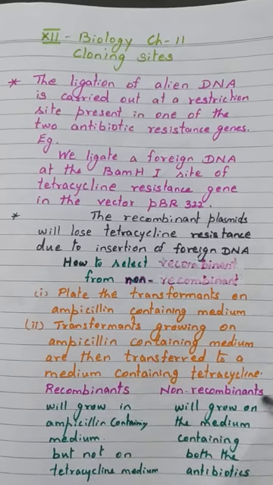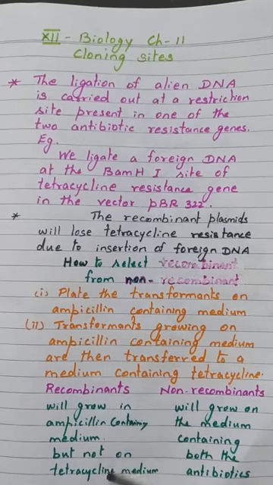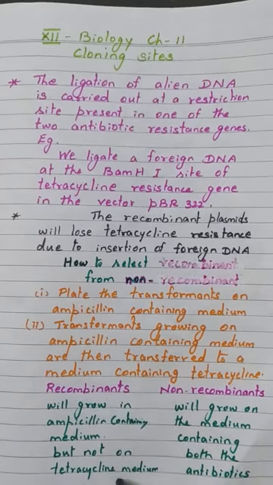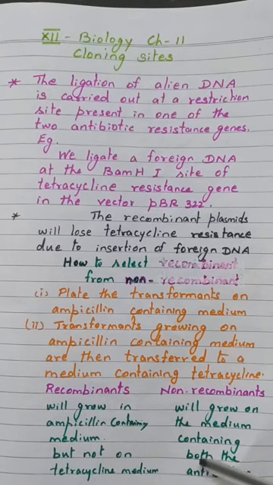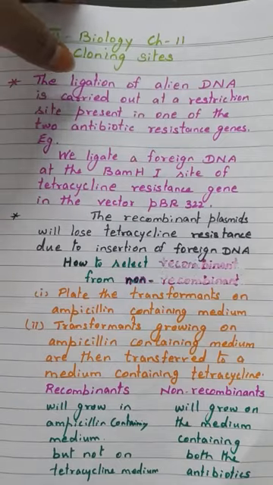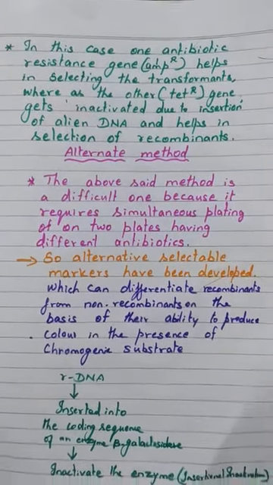Non-recombinants also will grow on the medium containing ampicillin, but recombinants cannot grow on tetracycline medium, but non-recombinants can grow in tetracycline as well as in ampicillin. In this way, we can select the recombinants from the non-recombinants.